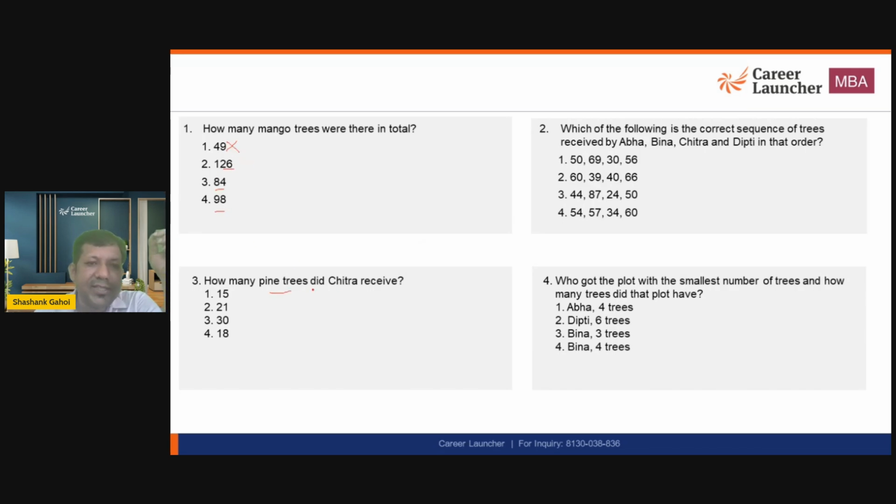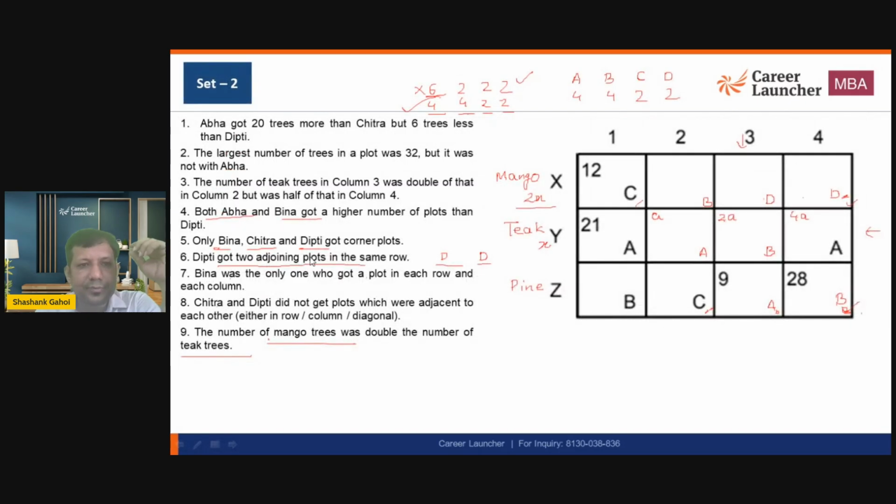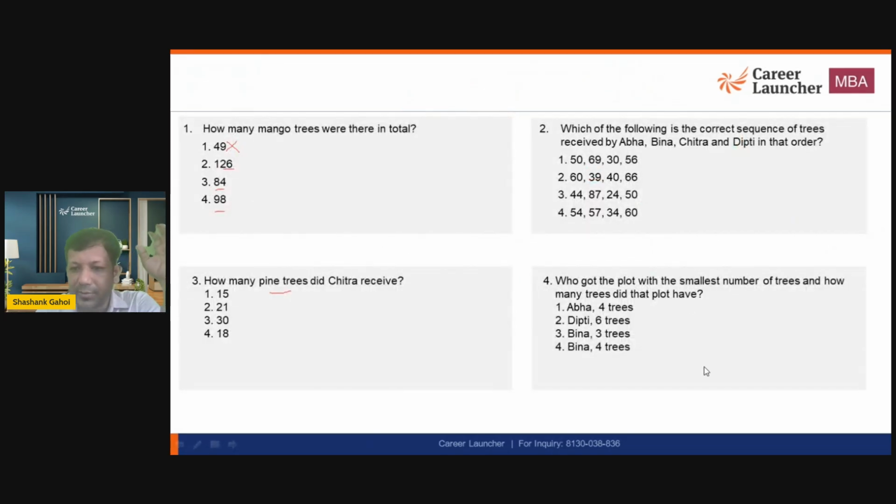How many pine trees did Chitra receive? 15, 21, 30, 48. Now, if I look at this, Chitra got 12 trees over here, some trees over here. So what is the total number of trees with Chitra?